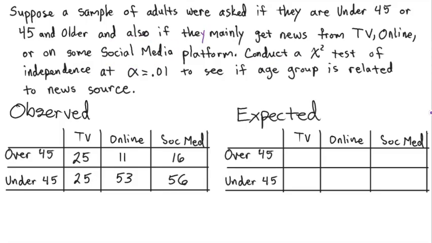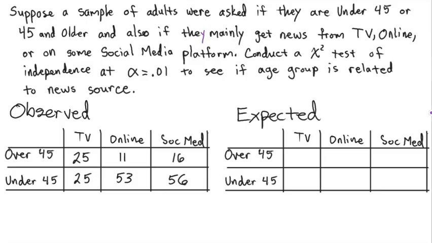Then it says conduct a chi-square test of independence at the alpha equals 0.01 level to see if age group, which is over 45 or under 45, 2 categories, is related to news source, which is 3 categories: TV, online, and social media. And here is our observed matrix, and here is our expected values matrix.